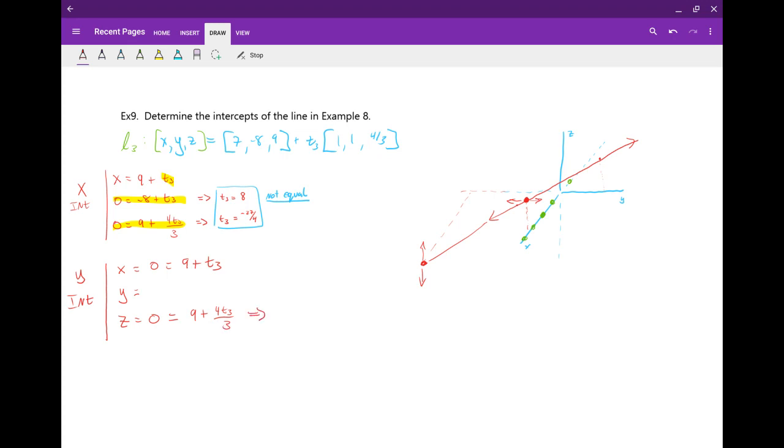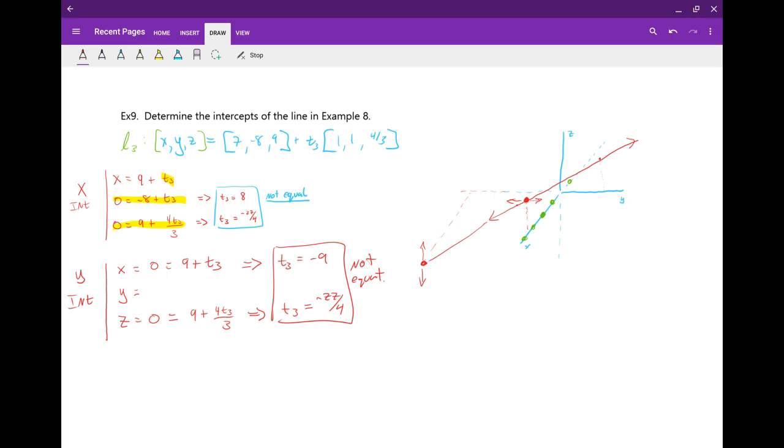Now, this is pretty nice because once I've solved all of this stuff, I've solved it, right? And so basically what we're looking at is here t3 is -9. Here t3 is always the -27 over 4. And since these are not equal, then therefore I've got no intercepts.